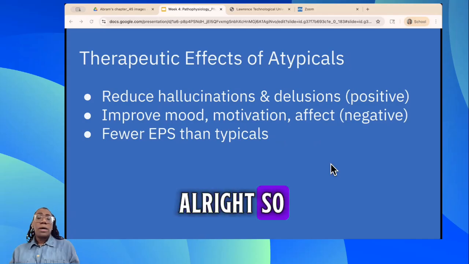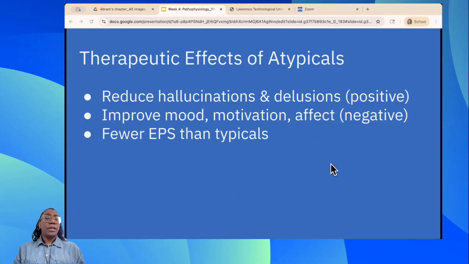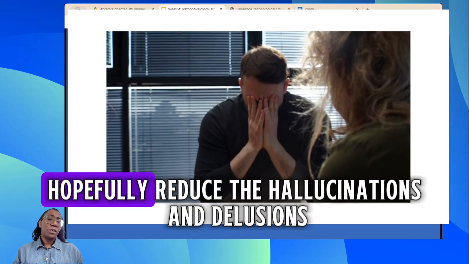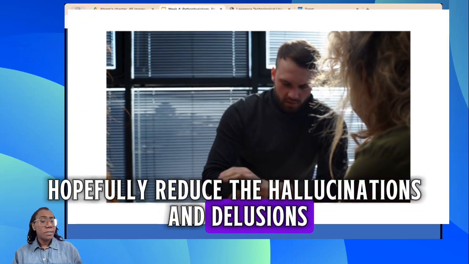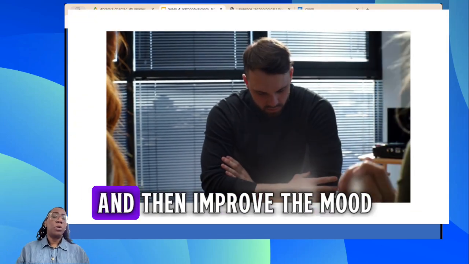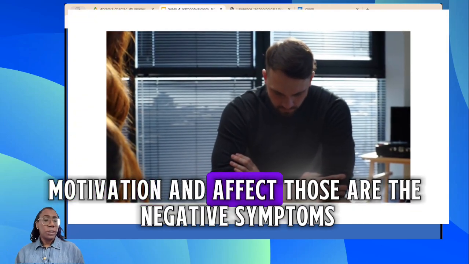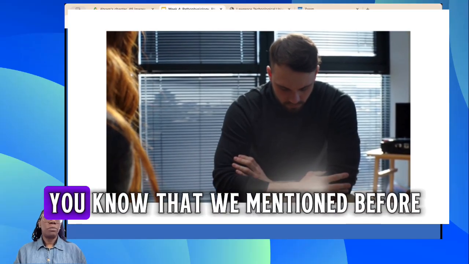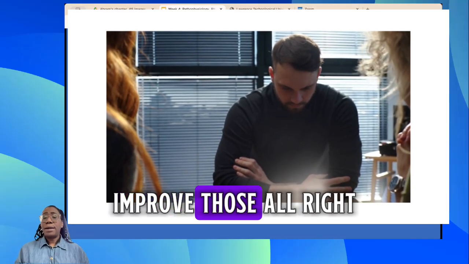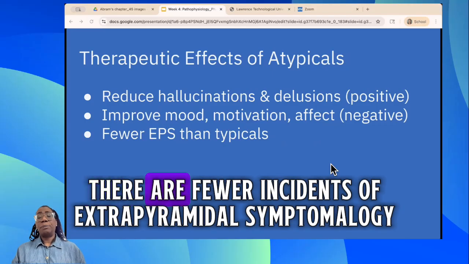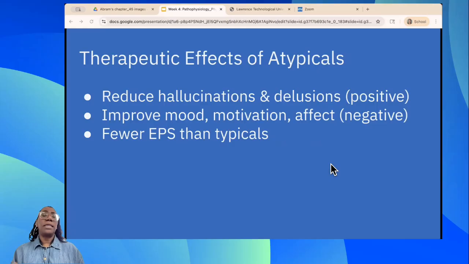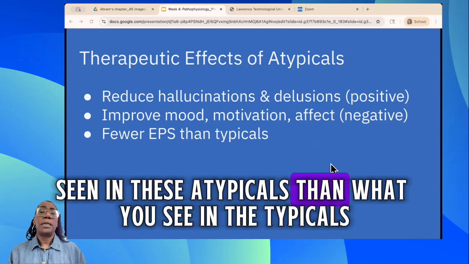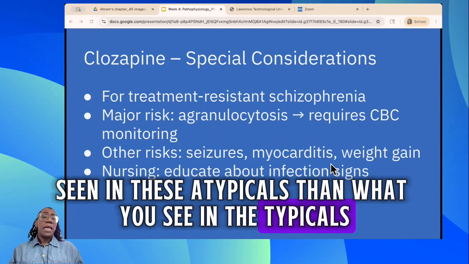All right, so what are they going to do? Hopefully, reduce the hallucinations and delusions, that's the positive symptoms, and then improve the mood, motivation, and affect. Those are the negative symptoms that we mentioned before, improve those. All right, there are fewer incidents of extrapyramidal symptomology seen in these atypicals than what you see in the typicals.